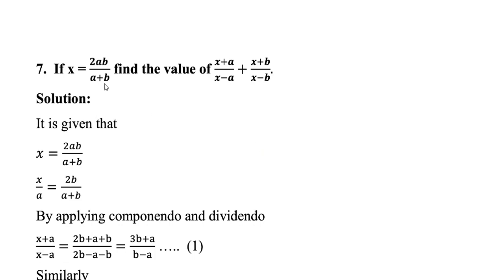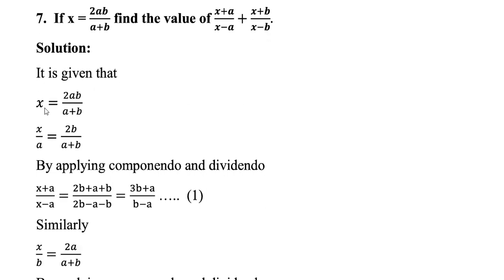If x = 2ab/(a + b), find the value of (x + a)/(x - a) + (x + b)/(x - b). So, as it is given, x = 2ab/(a + b).